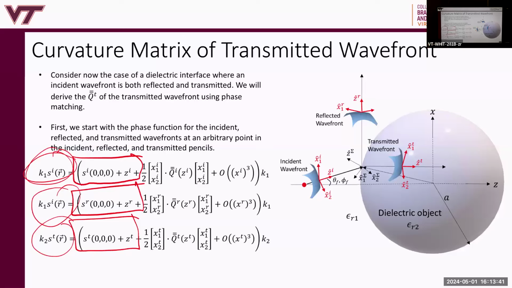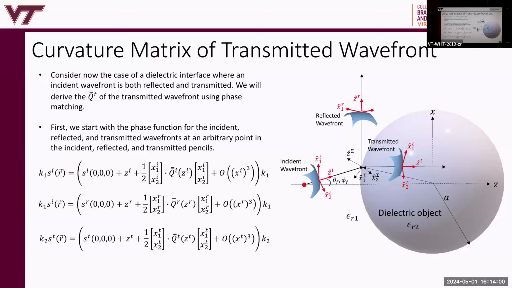And you recover the same results because the interface is planar and the wavefronts are planar. Plane waves and planar interface, right? So this is a more general approach, but you're doing exactly the same thing. It's still phase matching.